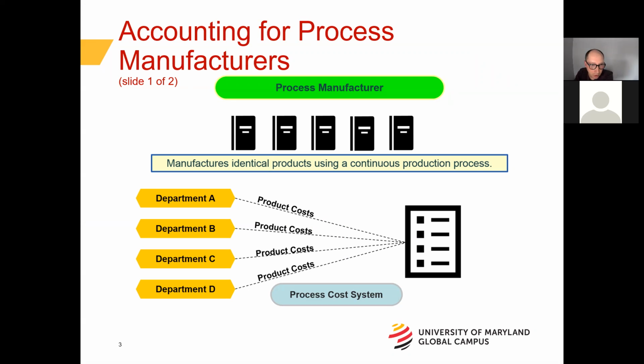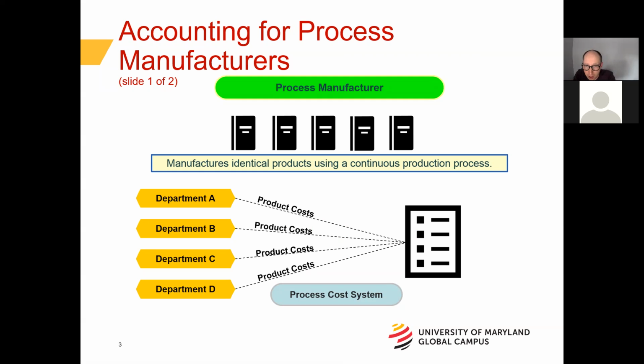An example of a processor would be a dairy farmer that is continuous processing of dairy milk or dairy products. Another example would be a food processor that makes chicken or beef or vegetables. It's a continuous process. There is no stopping, and it's not done based off of customer orders.